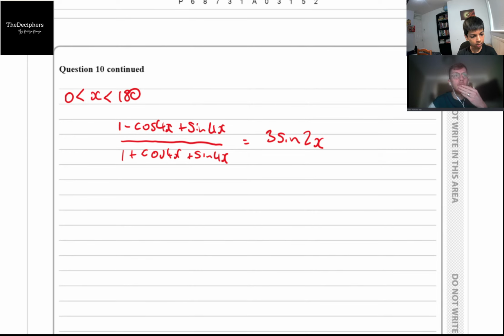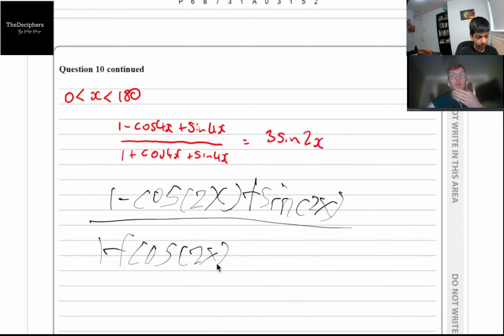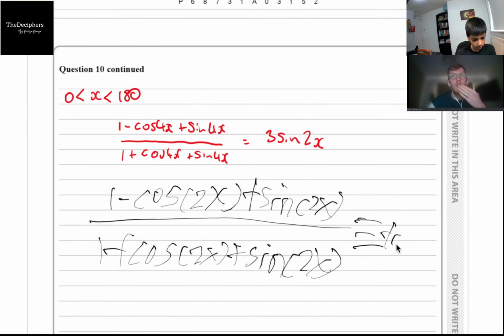So we showed that 1 minus cos 2x plus sine 2x divided by 1 plus cos 2x plus sine 2x, we showed that that was tan theta.